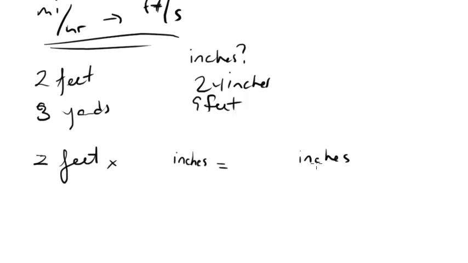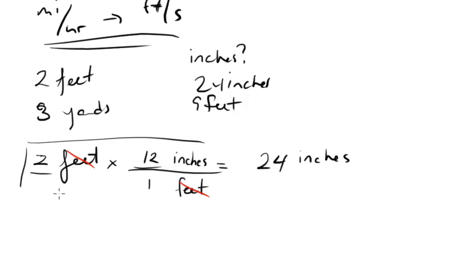Now, I don't want feet anywhere in this, which means I've also got to divide by feet, so that the feet units will cancel out and we'll just be left with the inches unit. Well, here's an interesting thing. What is the key relationship between inches and feet? Well, we know it's 12 inches for every 1 foot. And there we go. This is 2 times 12, which is 24 inches. So this is the fancy, complex way of doing what you can already do in your head.